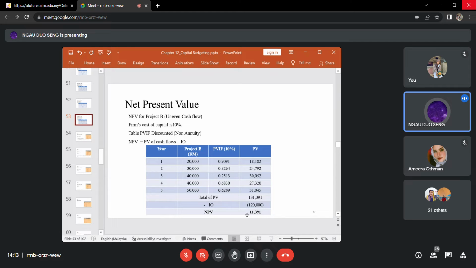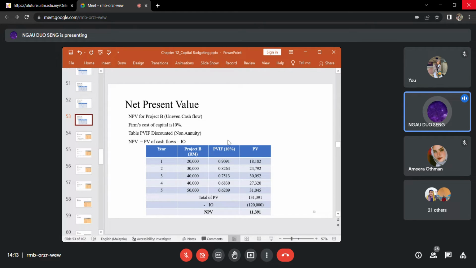Apabila NPV equal to 0, the total present value kena sama dengan initial outlay lah, which is in this case, 120,000. Supaya total of present value equal to 120,000, then we minus initial outlay 120,000, NPV will be 0.